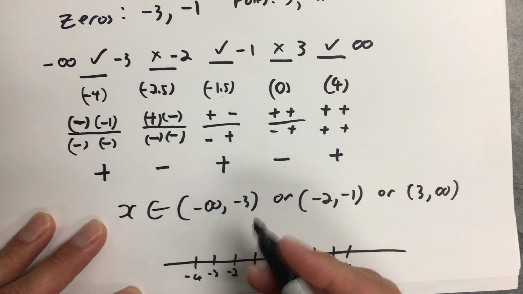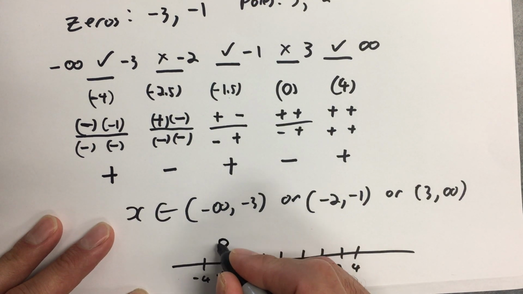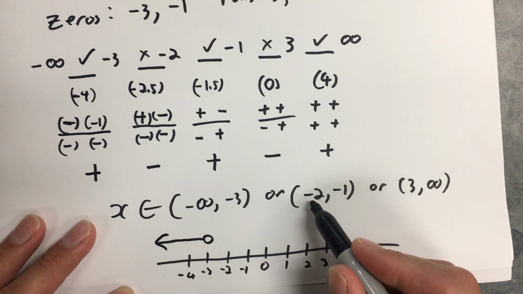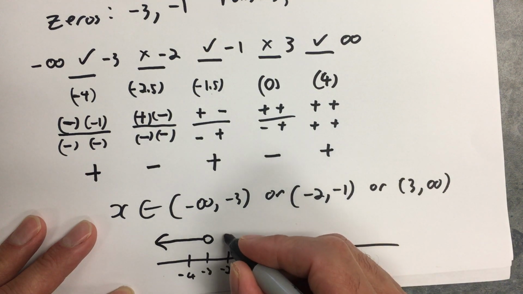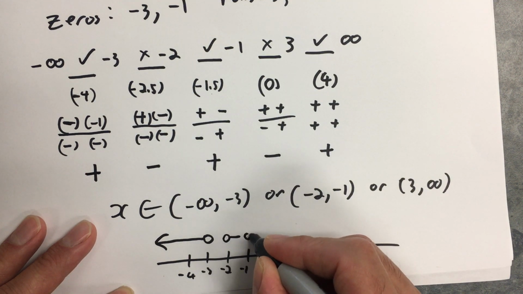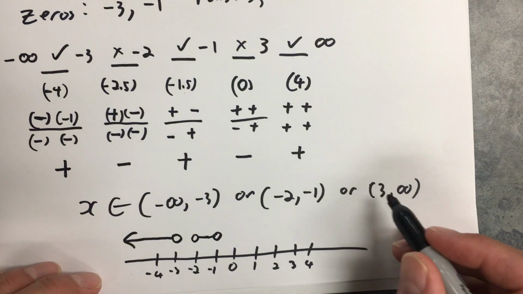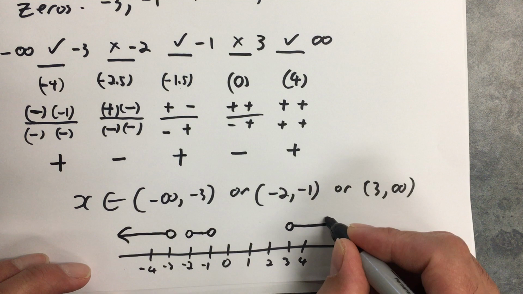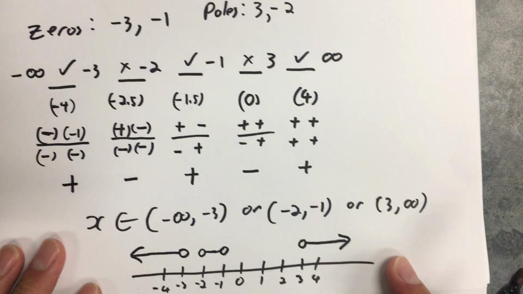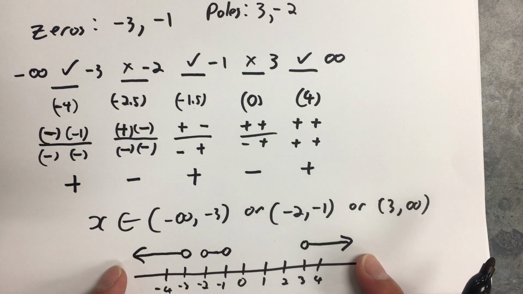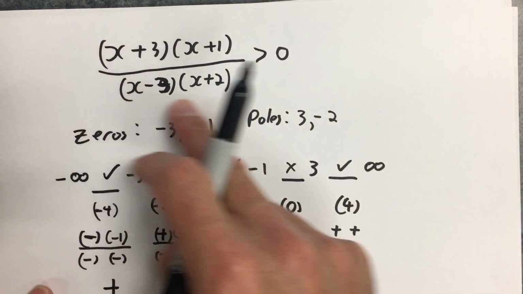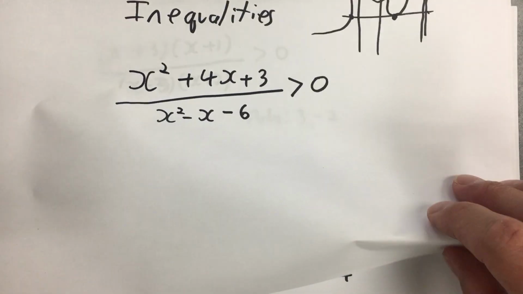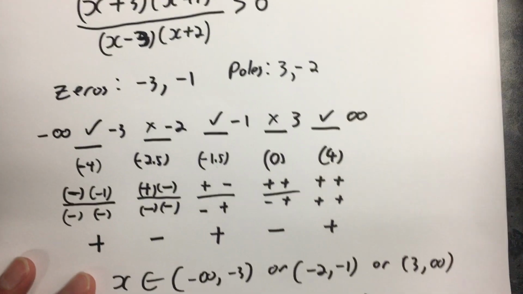From negative 3 to negative infinity, so from negative 3 that way, from negative 2 to negative 1, from 3 to infinity, so from 3 and then onward to infinity. So graphing on a number line, these are the x values where this rational function is greater than 0.